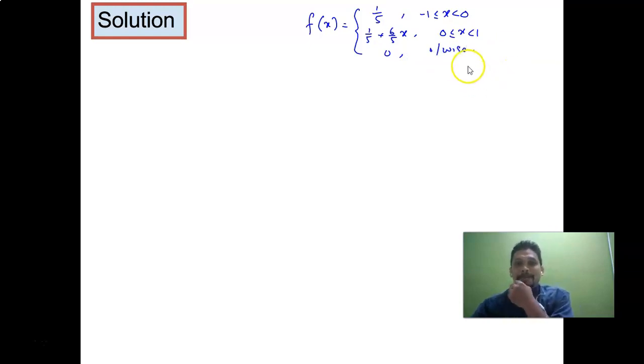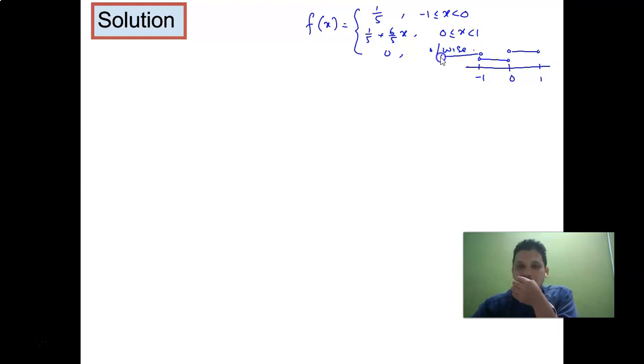Okay, so then here, let's use the number line to show this. From negative 1 until 0, there is a function which is 1 over 5, and from 0 until 1 there is also a function involved, 1 over 5 plus 6 over 5 x, meaning 0 otherwise.